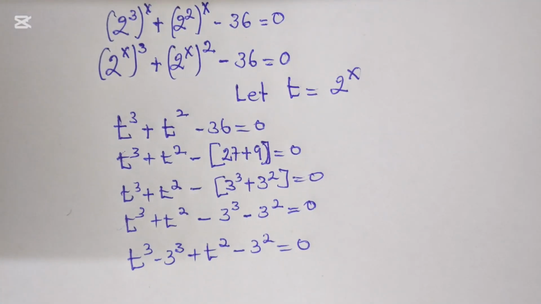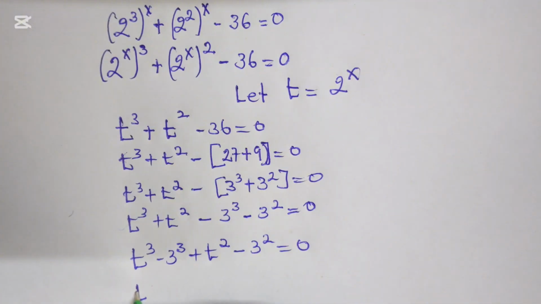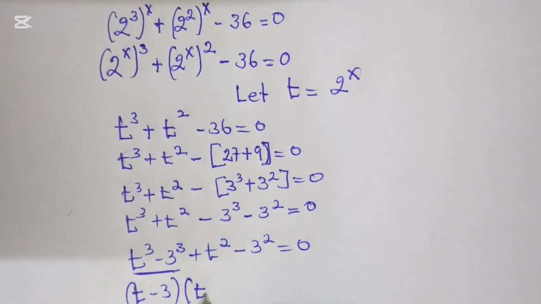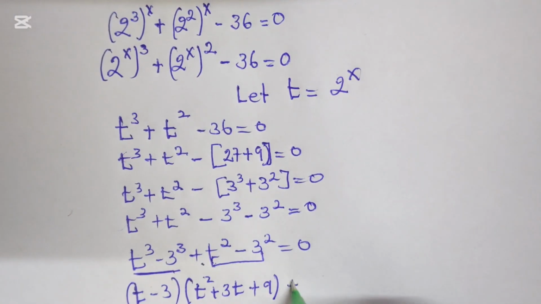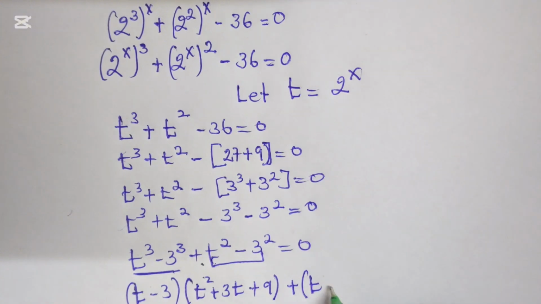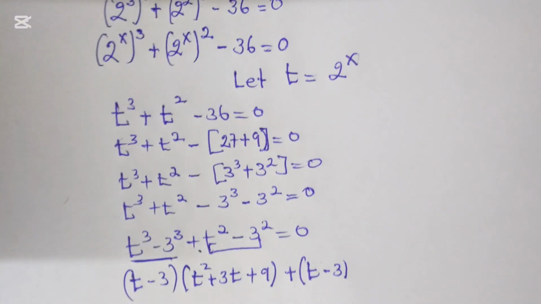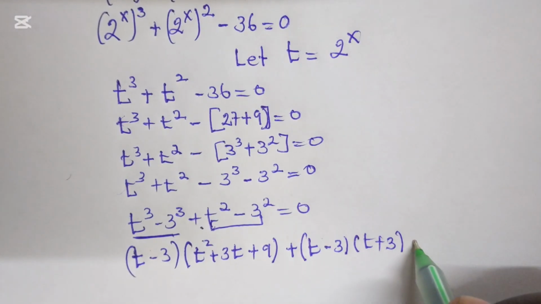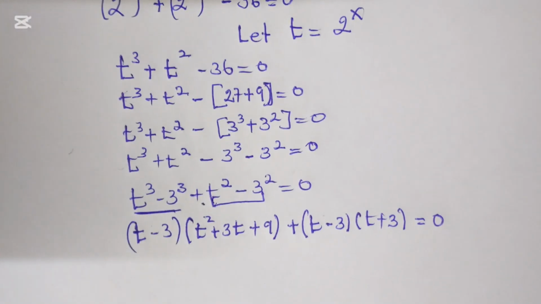Then this will give t minus 3 times t squared plus 3t plus 9, and t squared minus 3 squared is a difference of two squares, giving t minus 3 and t plus 3, equal to 0.